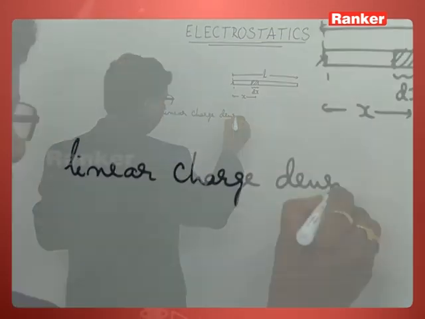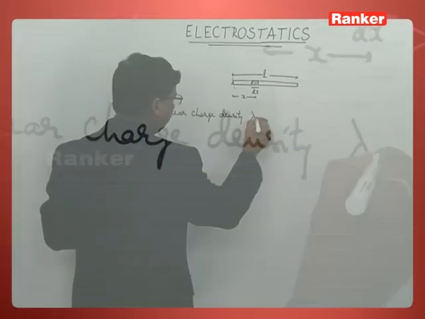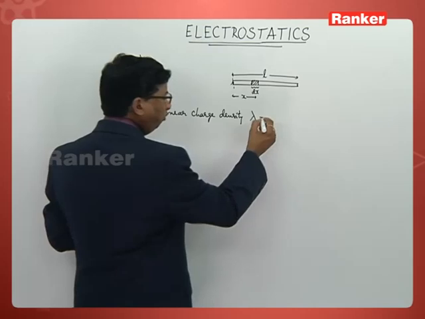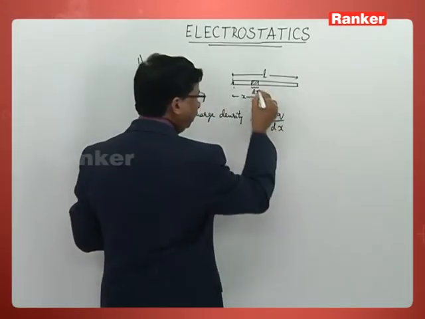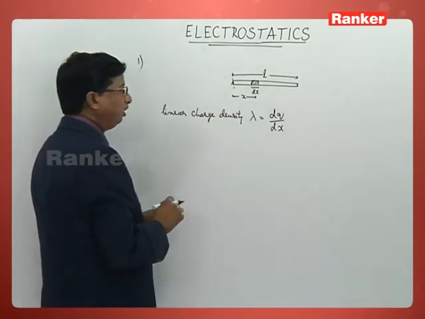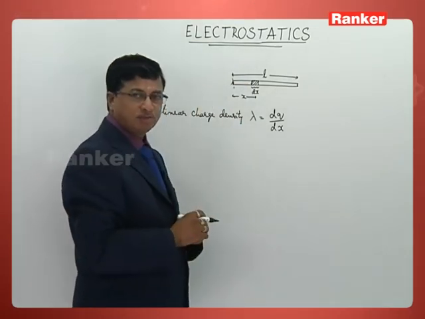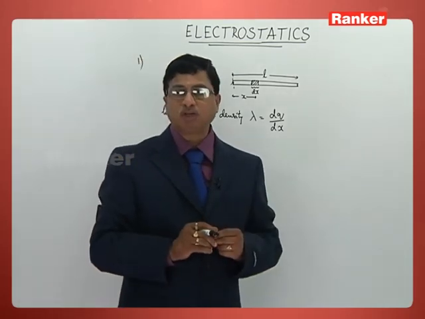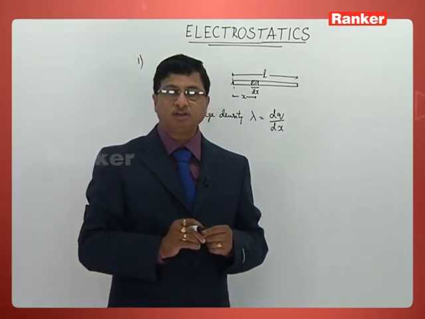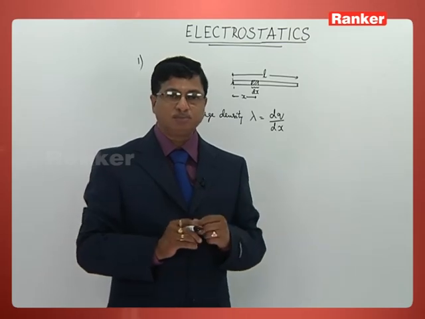Linear charge density, that of course is lambda. We used to write dq by dx as far as this particular element is concerned. Charge per unit length, that is what we officially call linear charge density.